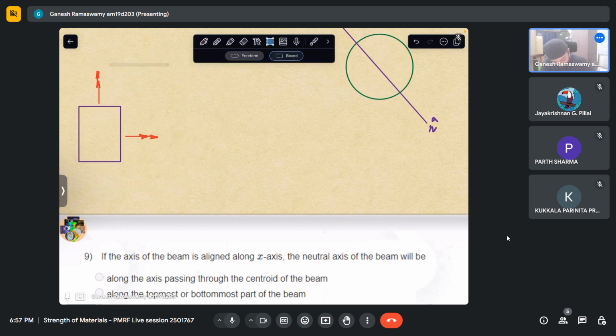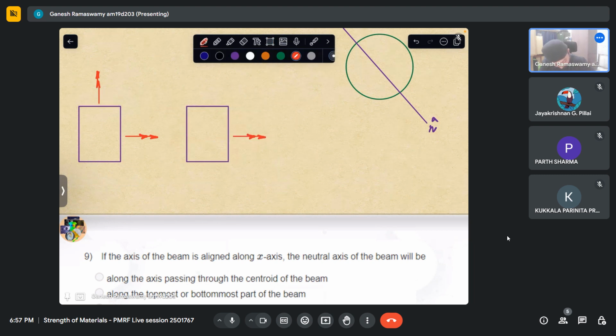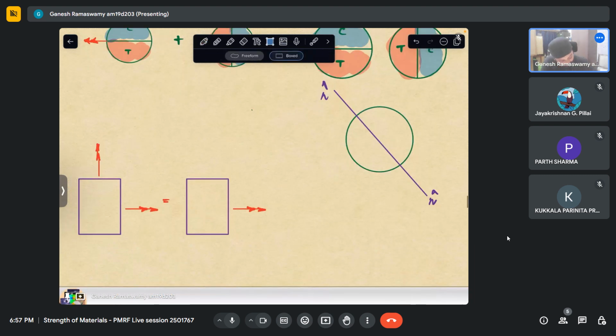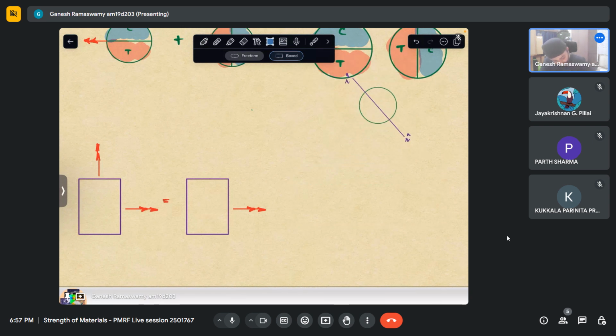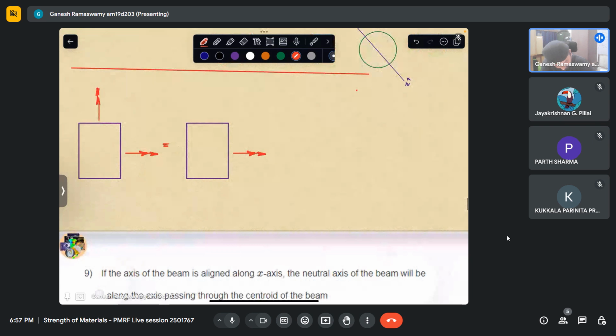So for first these two, if I take, for this, I will divide this section into 4 quadrants, let us say.